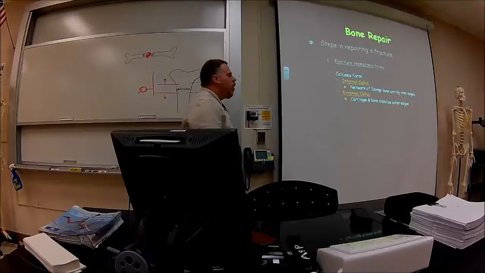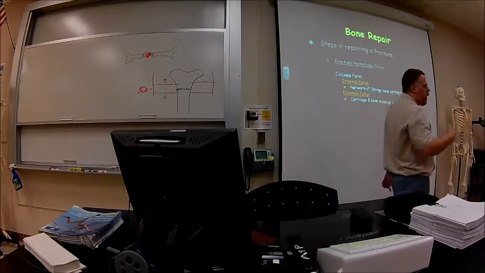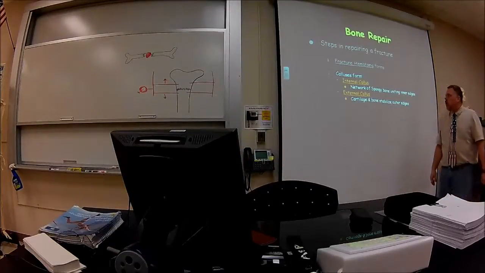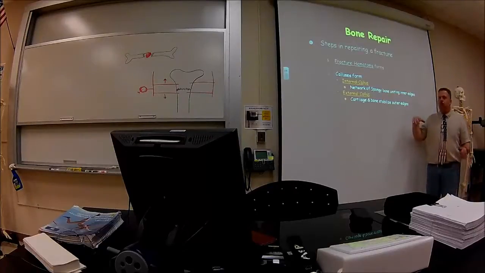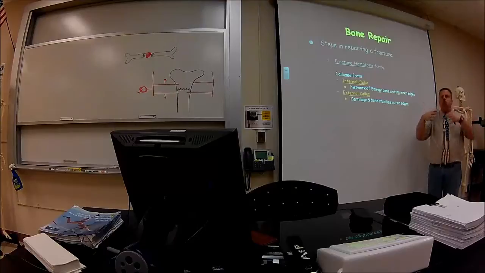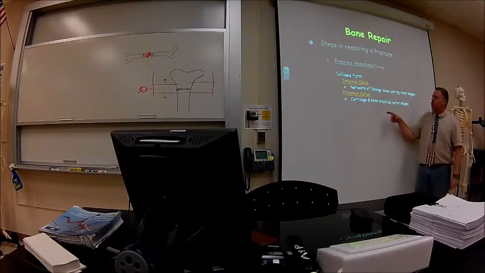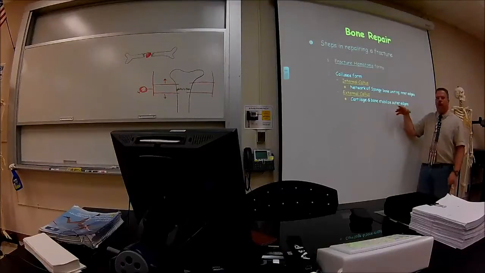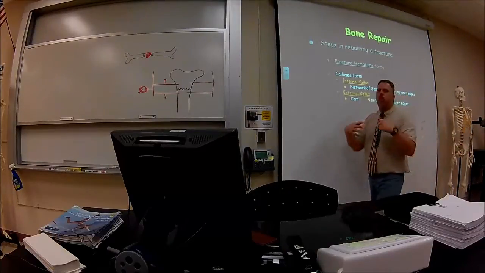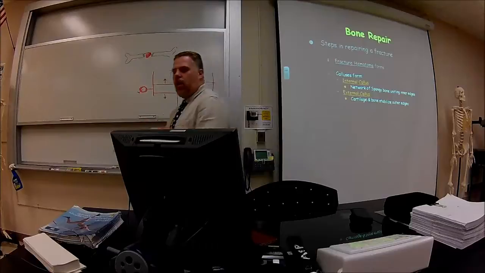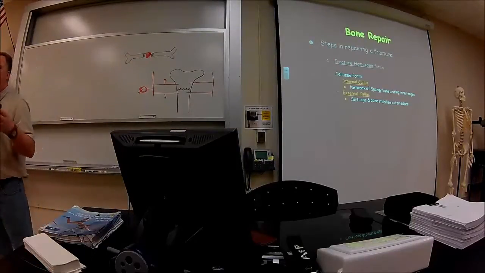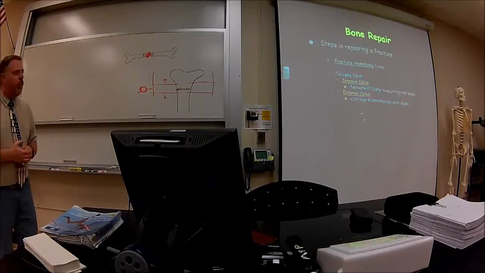Then you're going to have something called an internal and external callus. This is basically where the points of the spongy bone start growing, and it starts fusing with the other side. That happens at the spongy bone, but then we're going to have it more on the outer ends where the compact bone is going to start forming. So we have what we call an internal and external callus, where they start fusing with each other.